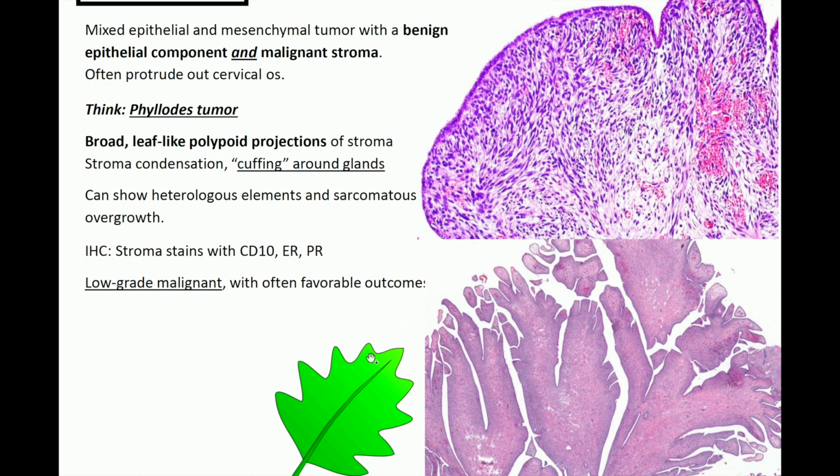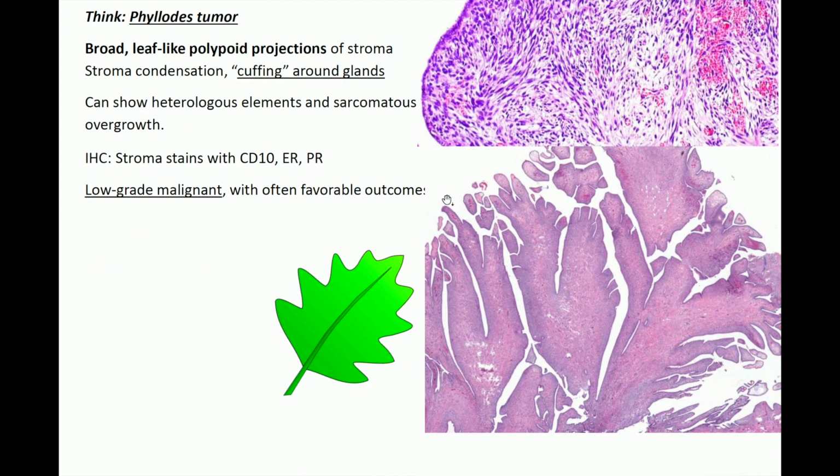You're going to see these broad leaf-like polypoid projections of stroma, stromal condensation or cuffing around glands. And you can show heterologous elements and sarcomatous overgrowth in these, just like you would see in a malignant phyllodes. And for IHC, for an adenosarcoma, the stroma stains with CD10, ER, and PR. And this is a low-grade malignancy with an often favorable outcome.